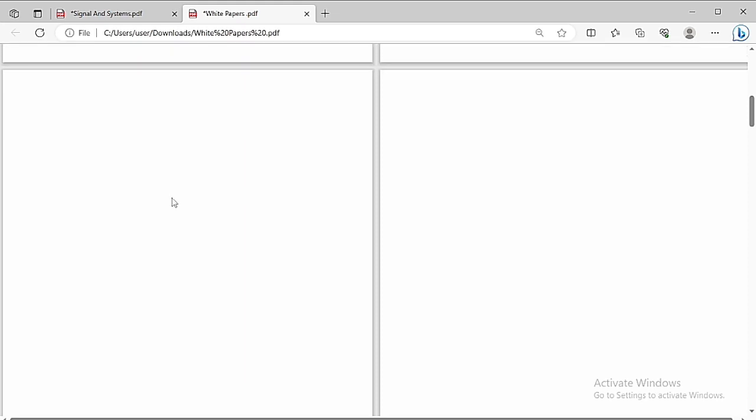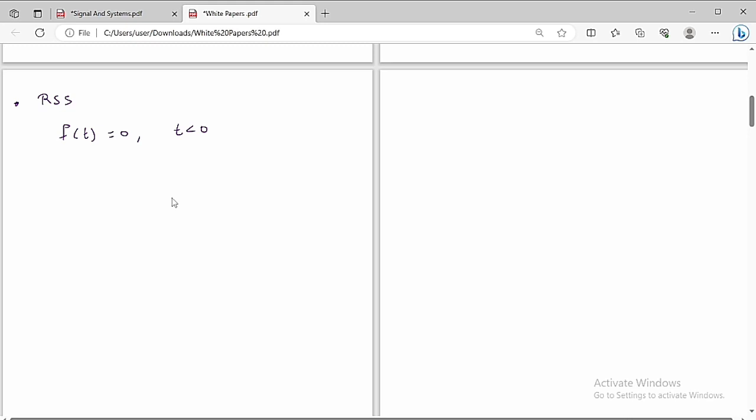Suppose I am going to take a right-sided signal in the time domain. What is the meaning of a right-sided signal? f of t is equal to 0 for t less than 0, then we say it is a right-sided signal.